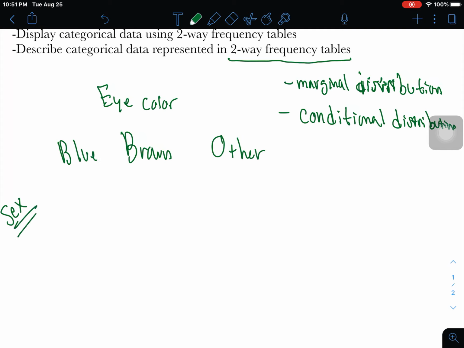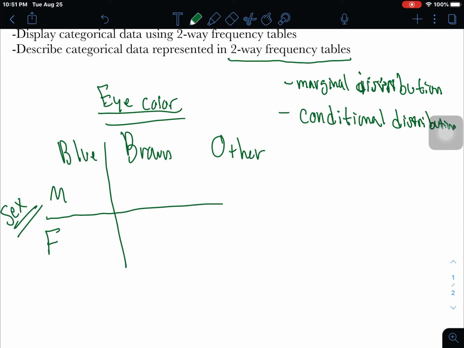Add a second variable here in sex and include male or female. And basically what this does is it lets us see how many of each type of variable there are.